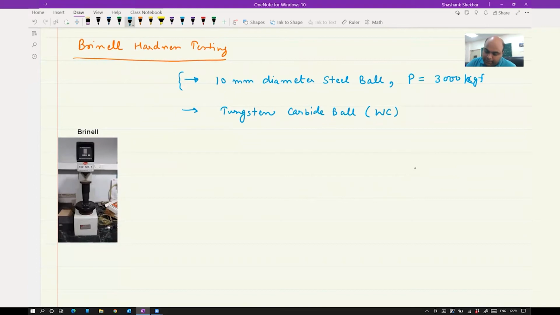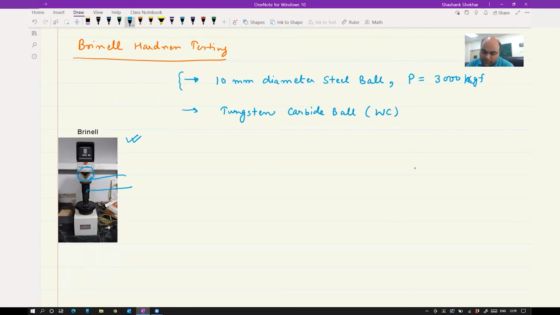And this is the setup. This is the Brinell hardness tester we have in our lab here at IIT Kanpur. We show this test to all UG students in our department. You place your sample here on the anvil, and the indenter is here on the top.